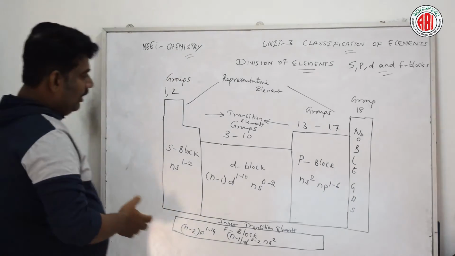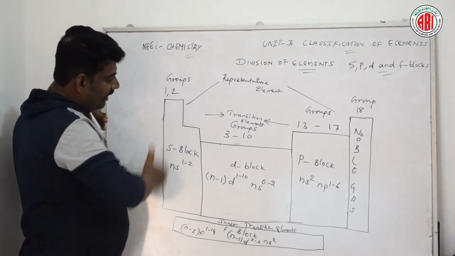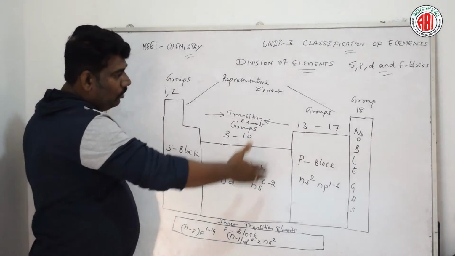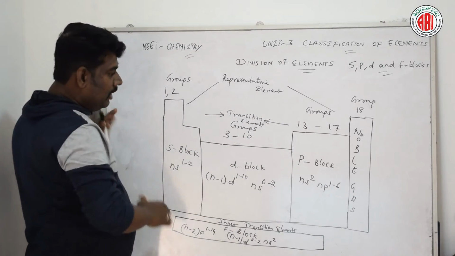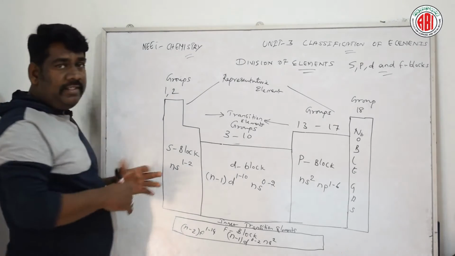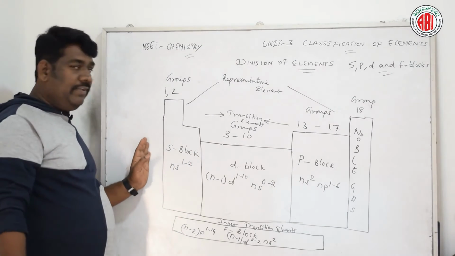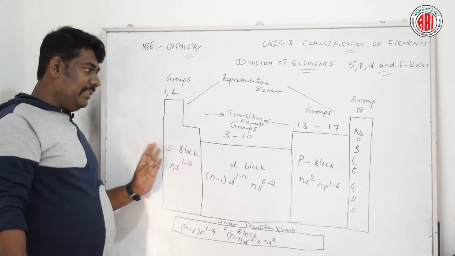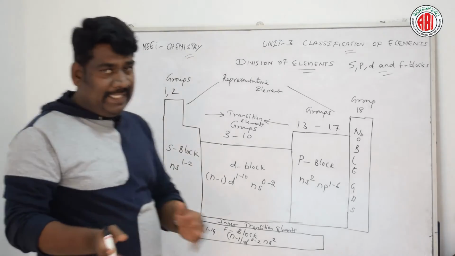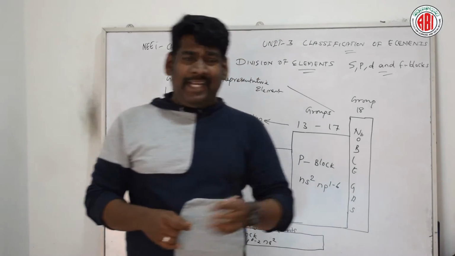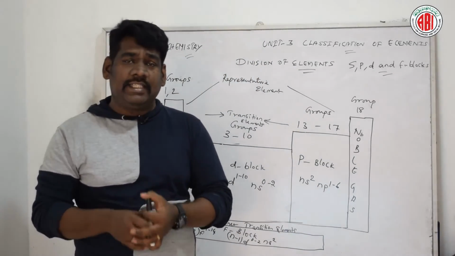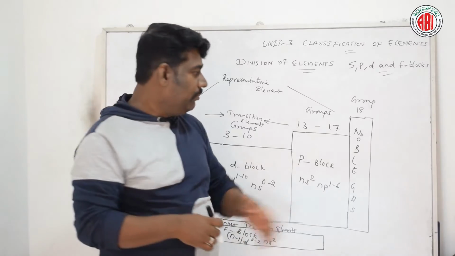As I said, the vertical columns are called groups, and the horizontal rows are called periods. So the gradual difference can be seen as we move across a period from left to right.